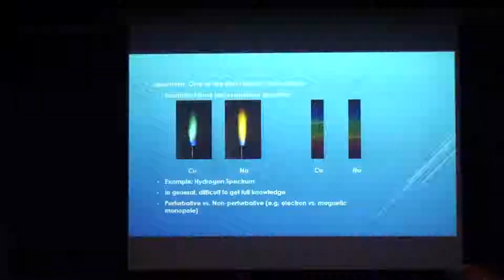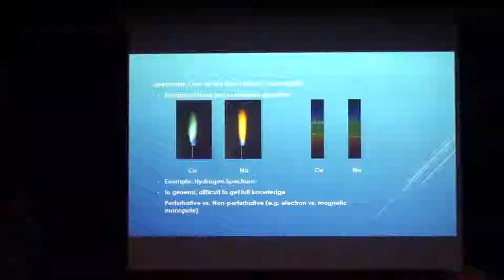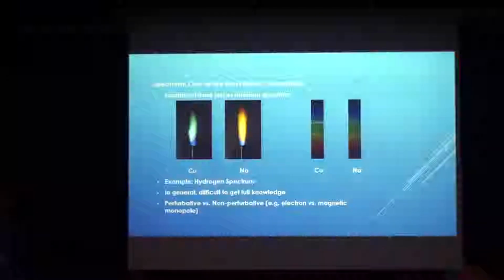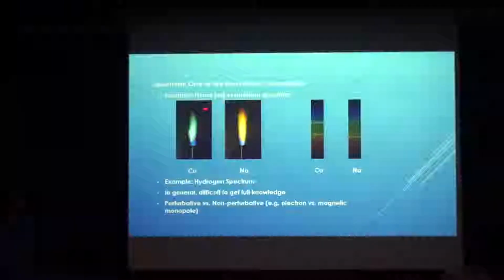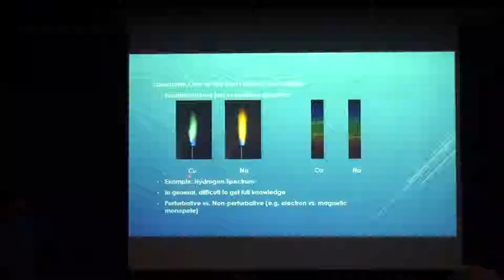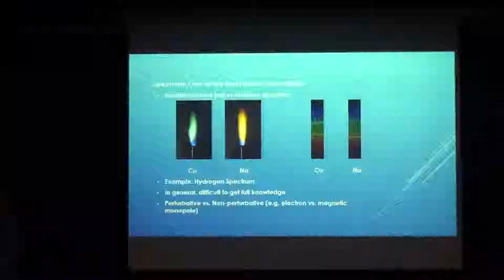If we think about this problem in physics, what is the most basic observable? Of course, the spectrum is one of the most basic observables. For example, a flame test or emission spectrum can tell which element we have as a sample here.